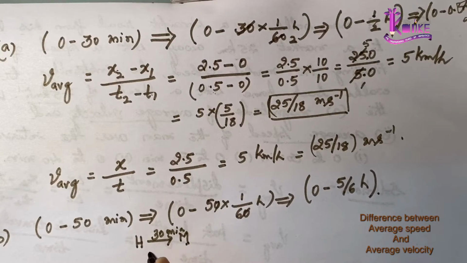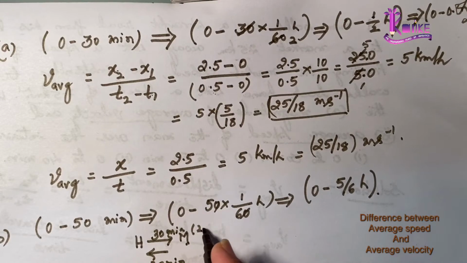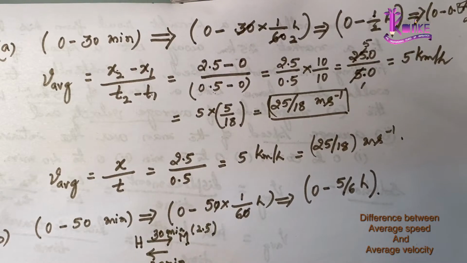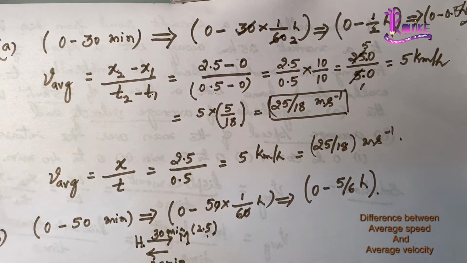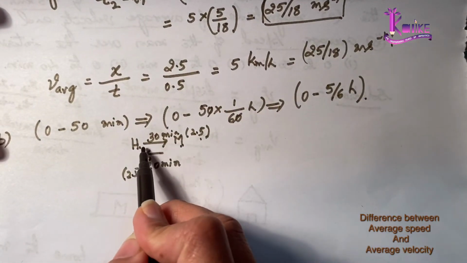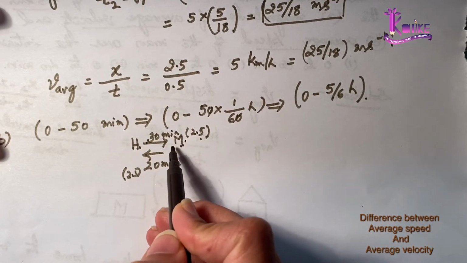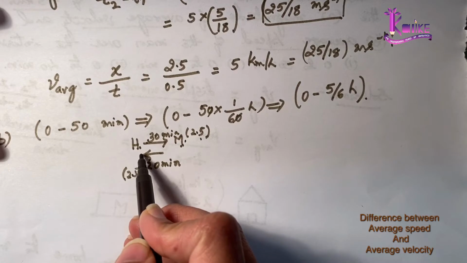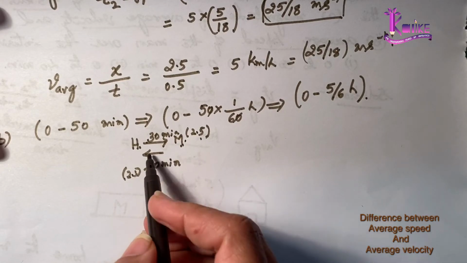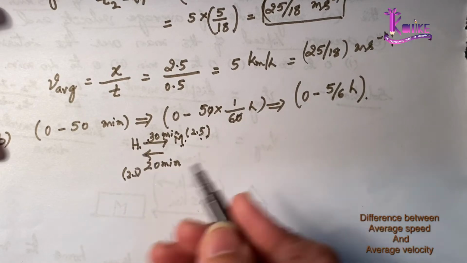From market to home back, he takes 20 minutes to travel. So this is 2.5 kilometer away. This is also 2.5 kilometer away from the market. So what will be the total displacement in this case? He has traveled 2.5 kilometer and he has traveled back 2.5 kilometer backward. So the displacement in this case becomes 0 because he has reached back his initial point.